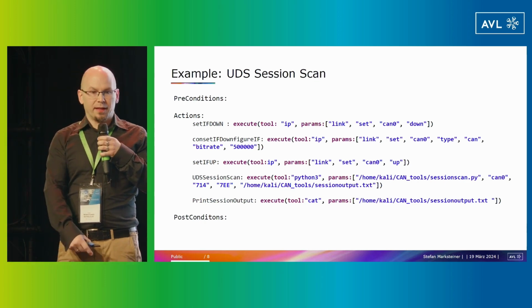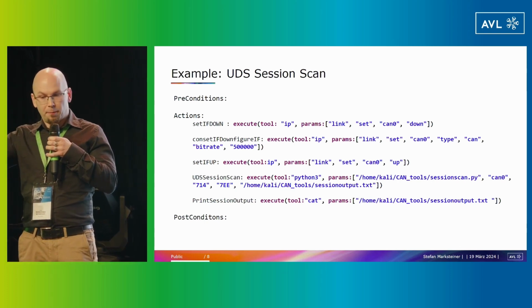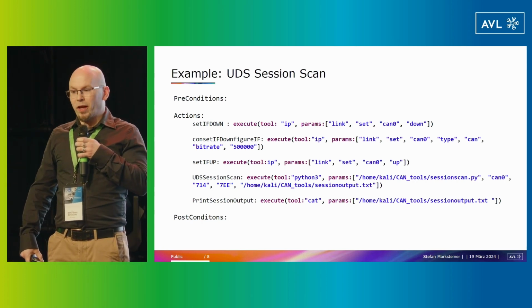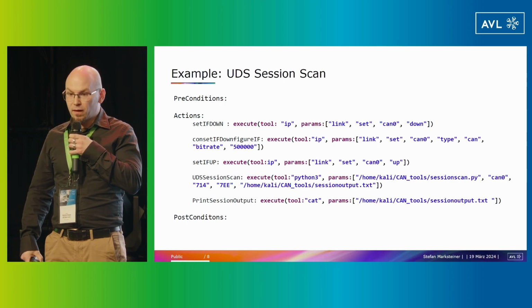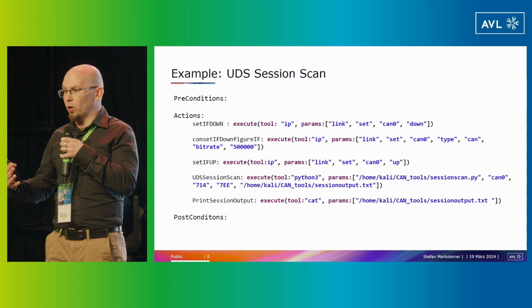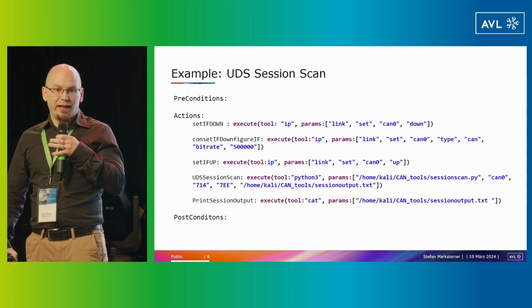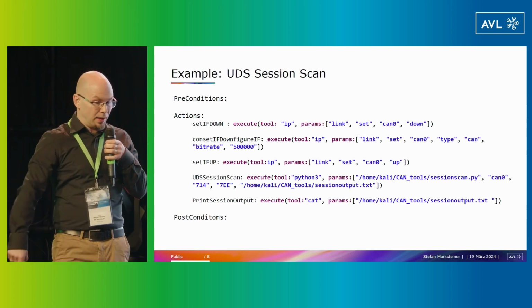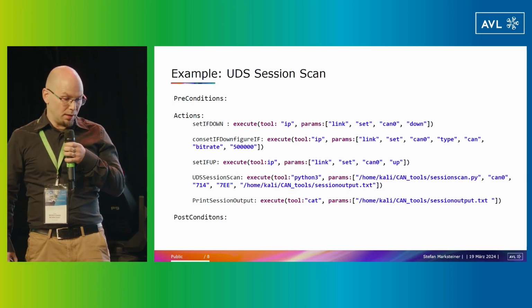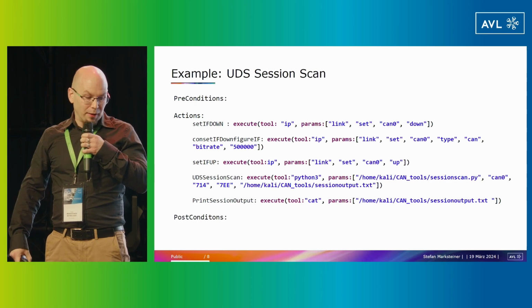It has mainly three parts: preconditions, like setting up the system; postconditions, the cleaning up afterwards; and in the middle, the actions, which, as a DSL should be, is mighty enough to do the job but not more. We don't want to overcomplicate things. A cybersecurity expert looking at such a script should immediately know, or at least have a clue, what's going on, like setting up an interface, taking it down, and running a fuzzer or whatever.